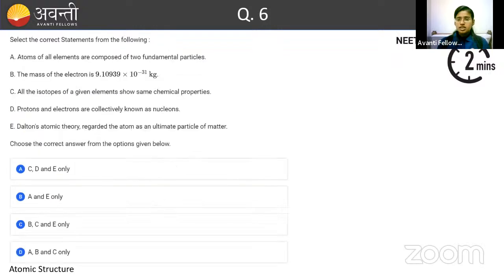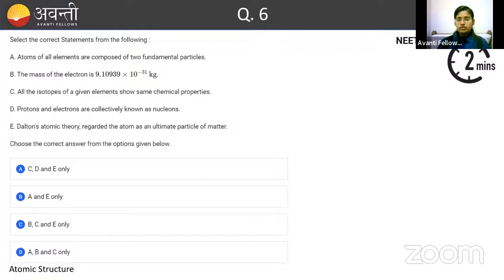I think I can go for the next. Question number 6. Select the correct statements from the following. It is a NEET 2023 question. So we have 5 statements. We are asked to find out the correct statements from the given 5 statements. So which among the 5 are correct?